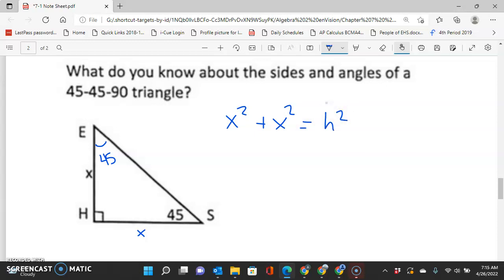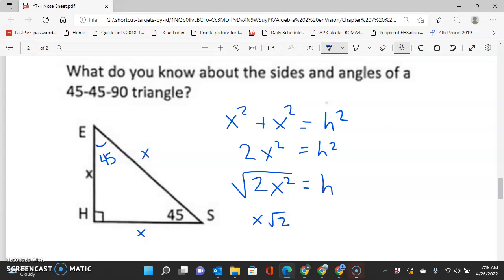And if we finish solving that, we have 2x squared equals the hypotenuse squared. And that means that the hypotenuse is the square root of 2 times x squared. But we can take an x out of there, so we have x times the square root of 2.